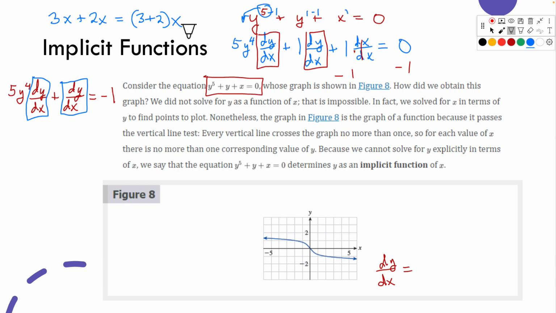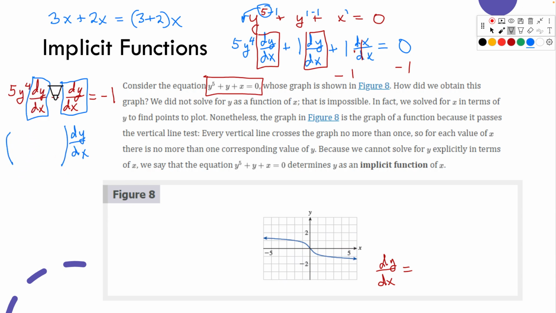Okay, so that's what we're doing: we've got a common factor, dy dx. We're going to factor it out, and what that looks like is we'll do it to the back side. So here's dy dx. That got factored out.